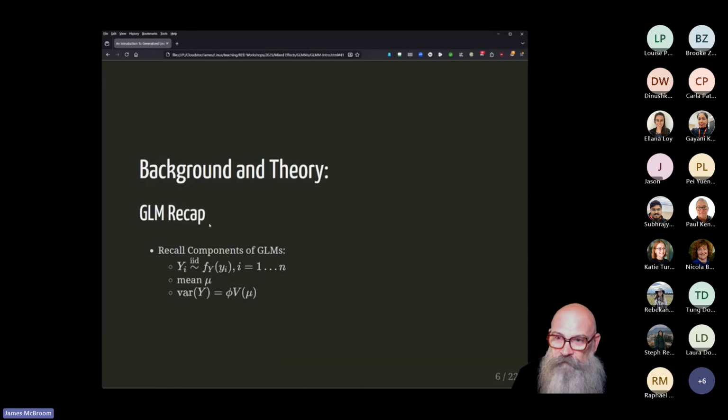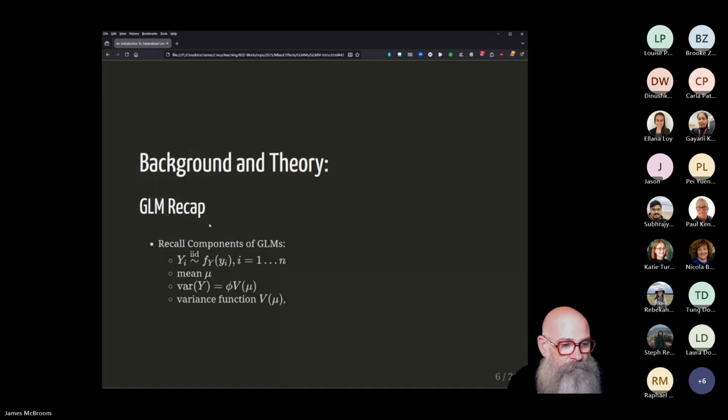And the structure of that dependency, how the variance changes as the mean of the distribution changes, is captured in this function that we call V of mu. So V of mu is known as the variance function. It's a mathematical description of how the variance varies or changes with the mean.